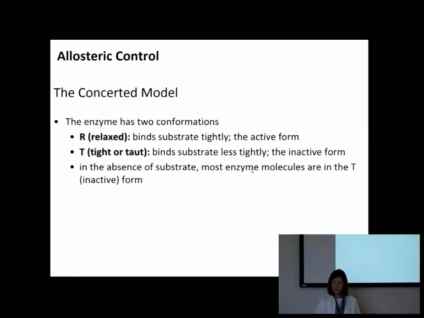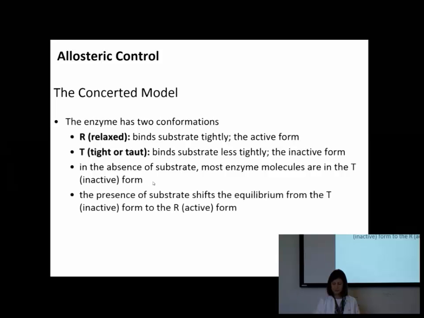In the presence of the substrate, we shift the equilibrium from the taut form to the relaxed form, all the subunits at once. We get our easy binding or active form. So all changes are concerted, happening in all subunits all at once.